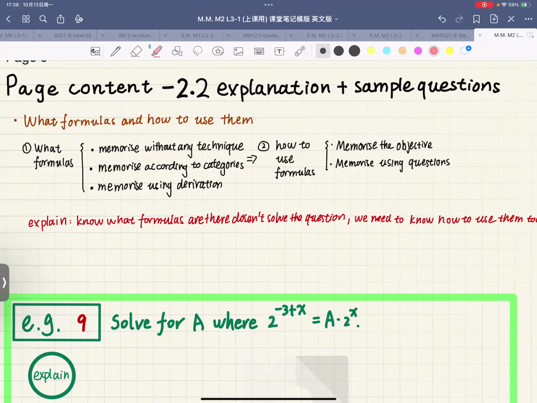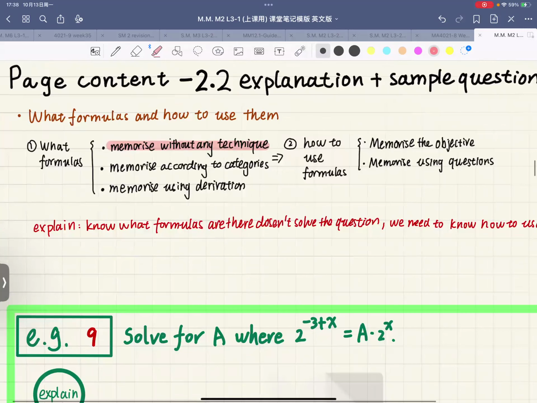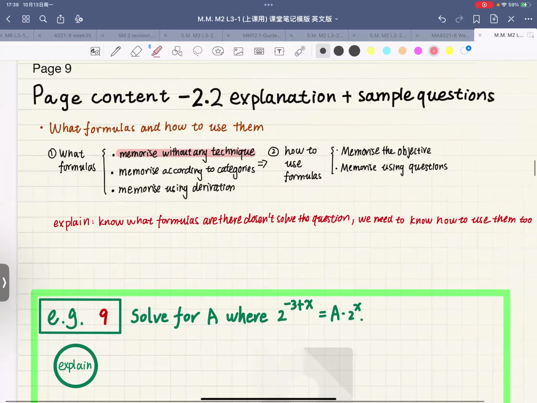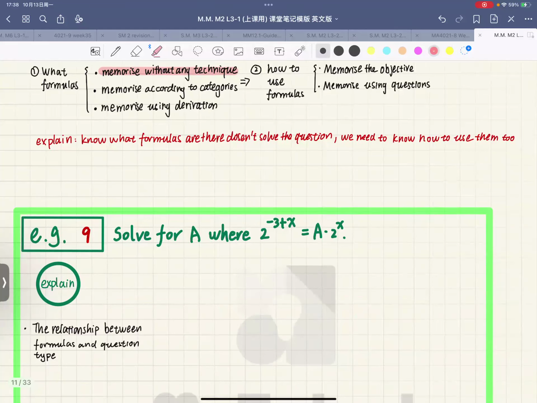We can use graph to help us to memorize some of the formula. But some of the formula, we just need to memorize without any technique, right? We just need to memorize all the formula. Or of course, you can always refer to your formula sheet. But again, if you always check your formula sheet back and forth, it's just waste your time in the exam, right?